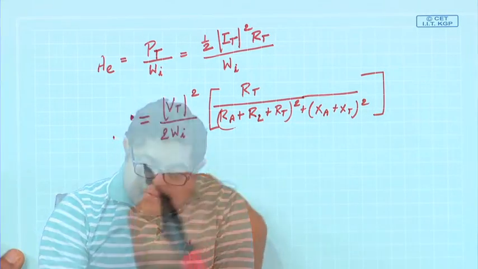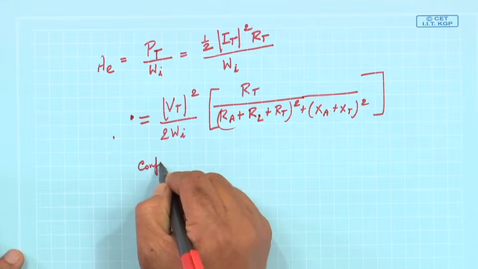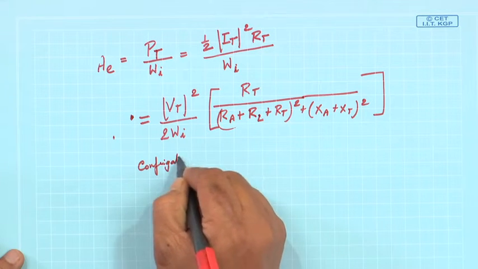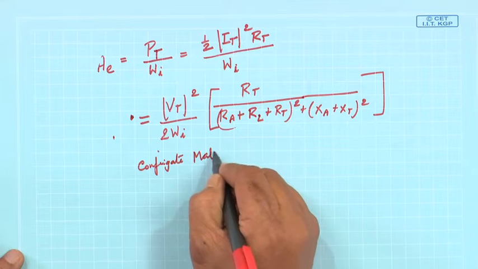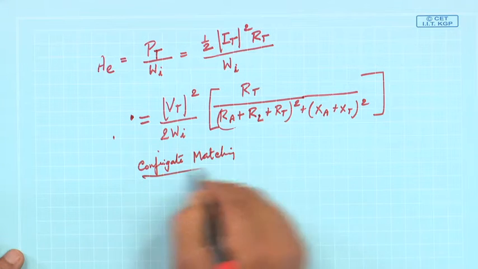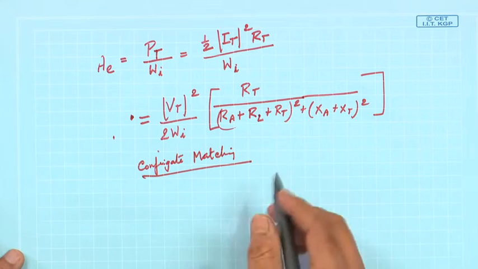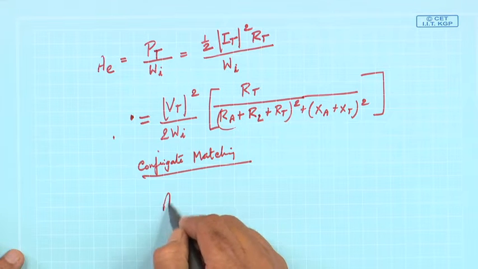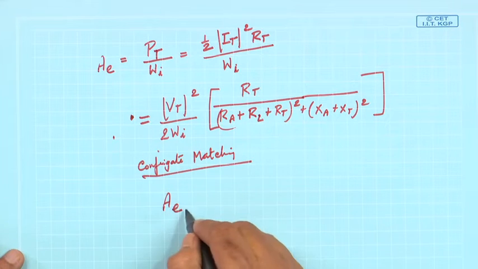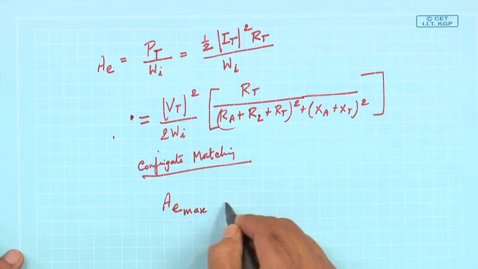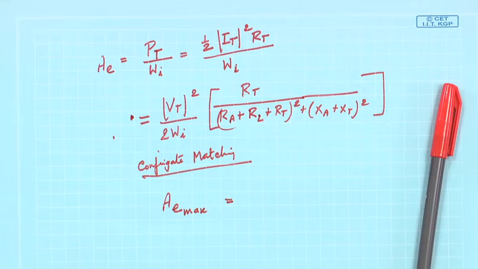Again under conjugate matching, when we say that we are getting maximum power to the load, this effective area AE, obviously maximum power will be delivered there. So, we can that time call the AE as AE max. So, effective aperture becomes maximum.